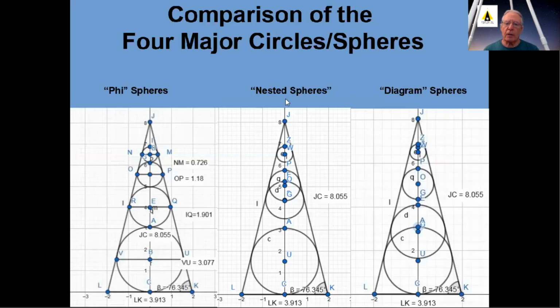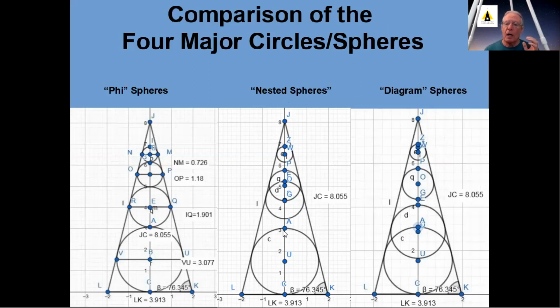If you look at the nested spheres, there is no connectivity between the first sphere and the second sphere, which contains the square, the tetrahedron, and the dodecahedron.